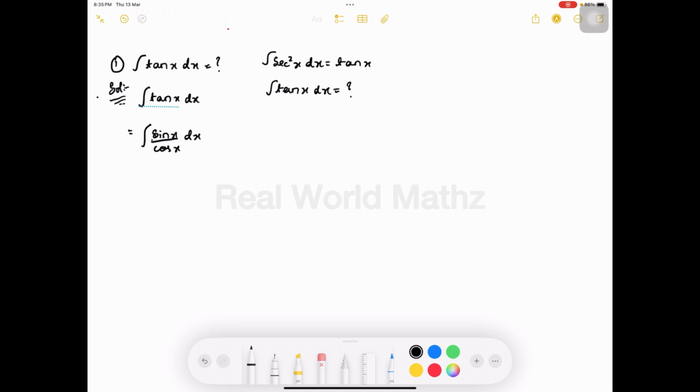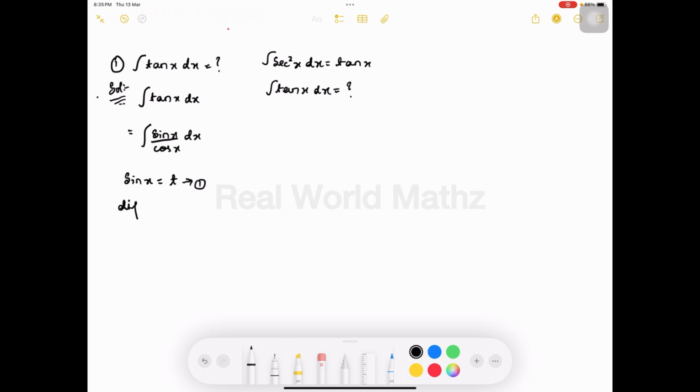I shall either substitute the numerator, that is sin x, or cos x, which is the denominator, with the letter t. Now, how will I get to know which one to substitute? So let us take an example. If I take sin x, the numerator, as equal to t, the basic rule in the substitution method is to consider this as equation number 1.